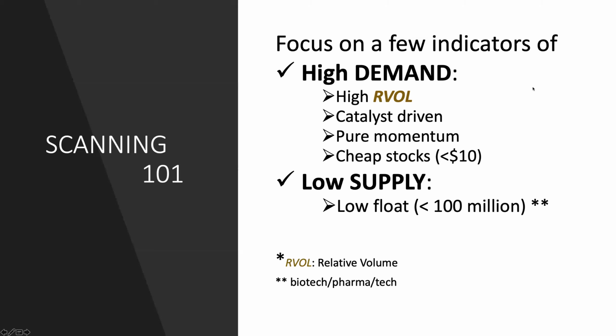So the way this whole thing works, there are typical sectors that I've noticed over the years. When you're looking at relative volume, you would see a lot of it, and the low supply part applies to companies in biotech, pharma, or technology sectors, right? These are the sectors that are considered to be hot.